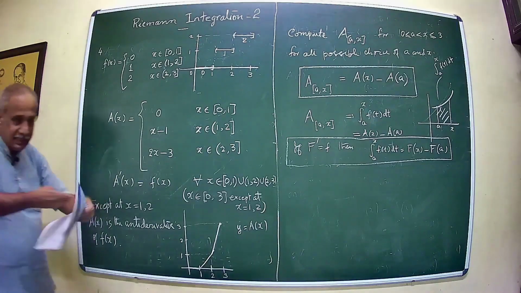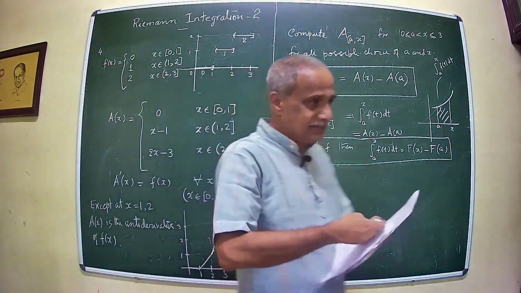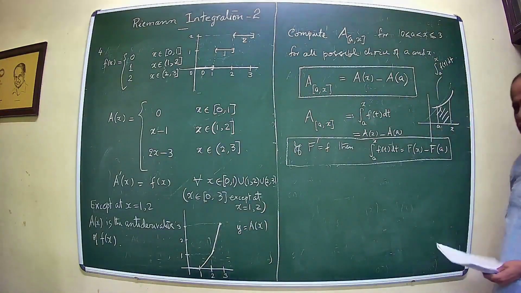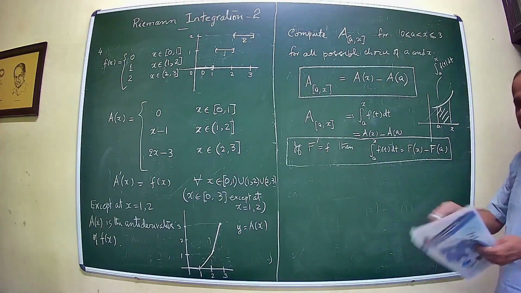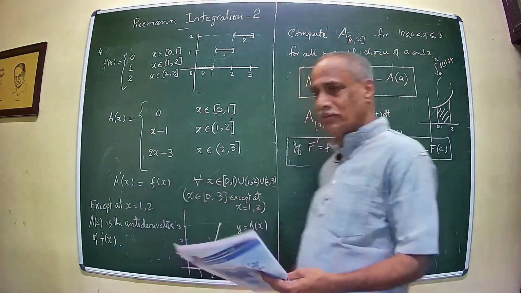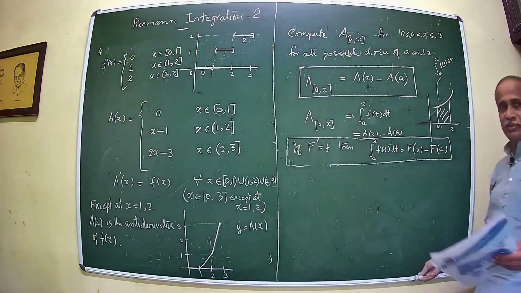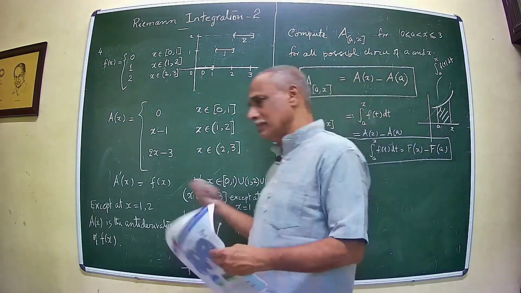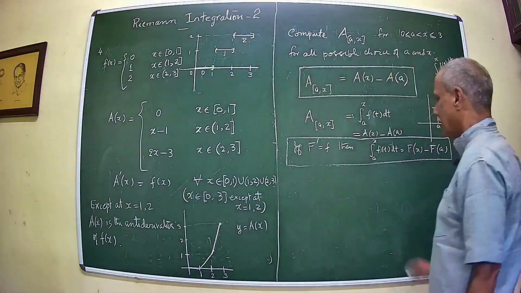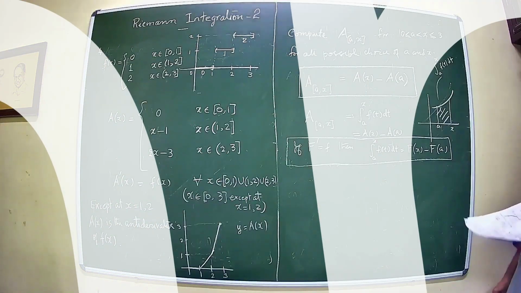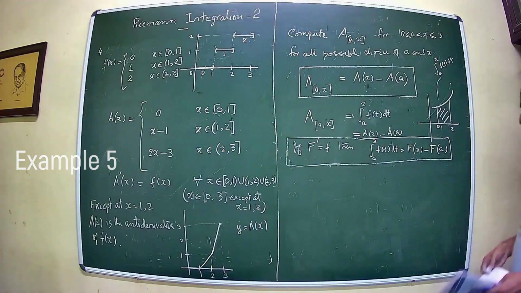Therefore, this connects the two ideas. One is a geometric idea, the other is a purely algebraic relationship between the function and its antiderivative. You know the definition of the antiderivative: it is a function whose derivative is a given function. Okay. That's it.